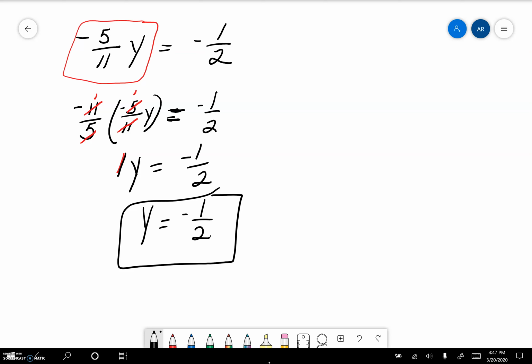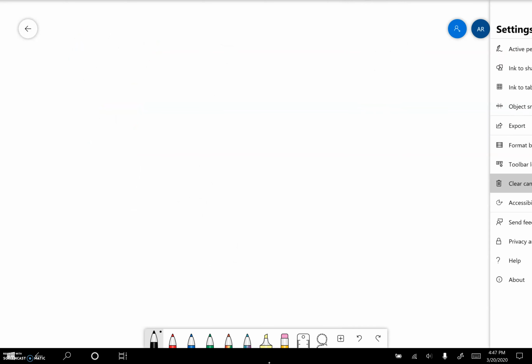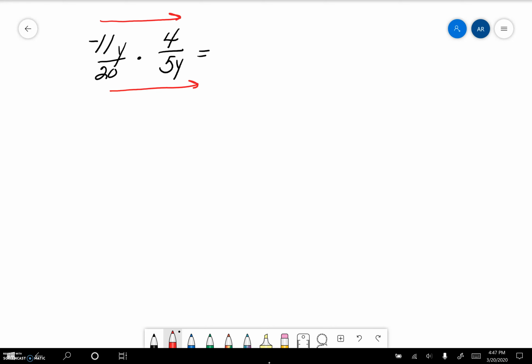Okay, so just to recap some things, let me clear the canvas. I just want you to remember that whenever we went through examples such as 11y over 20 times 4 over 5y, all we're doing is multiplying across when we're working on these types of problems.